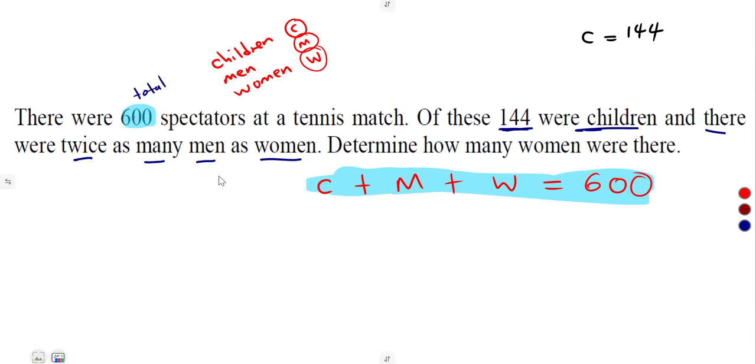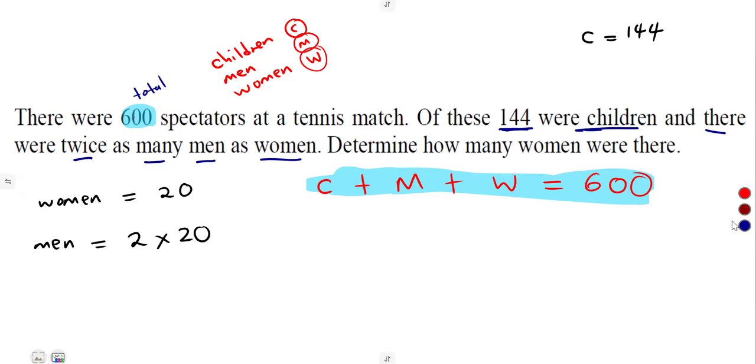There were twice. Meaning to say, if we have for women, let's say there were 20. They are saying there were twice as many men. Twice is on the men. Twice means 2 times what you are given.